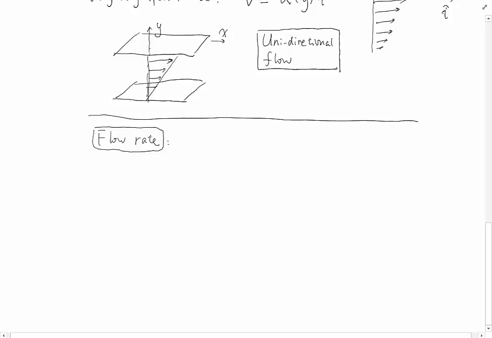So let's consider a very special case. Let's say we have a square cross-section, and the area is A. And across this square, we have a uniform velocity, which is u0, let's say. And now, if we ask you, what is the flow rate?